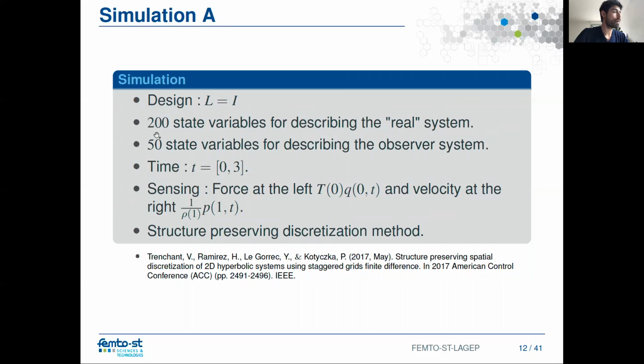But to be more realistic on the real implementation, we design also the same observer for a reduced order system of 50 state variables. The time is between 0 and 3, and in this case we are sensing force at the left and velocity at the right. We use a structure preserving method for the discretization given by Trenchant.